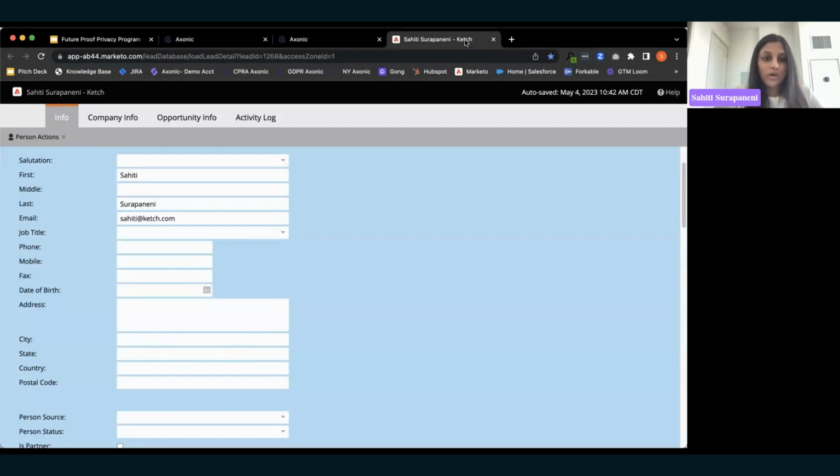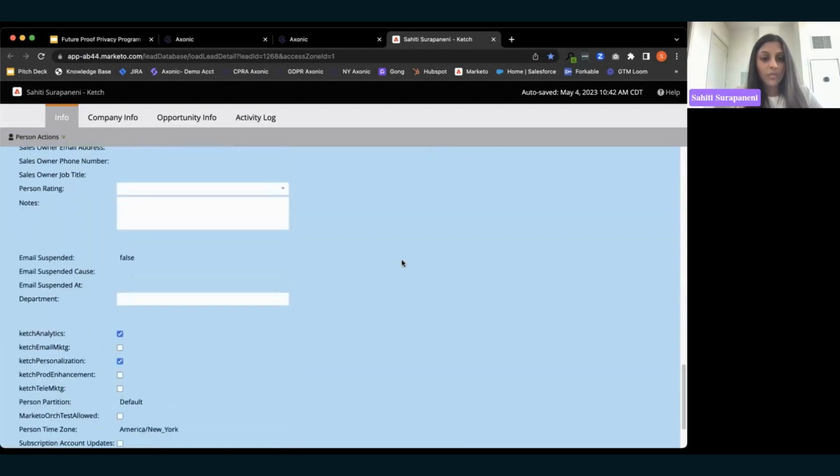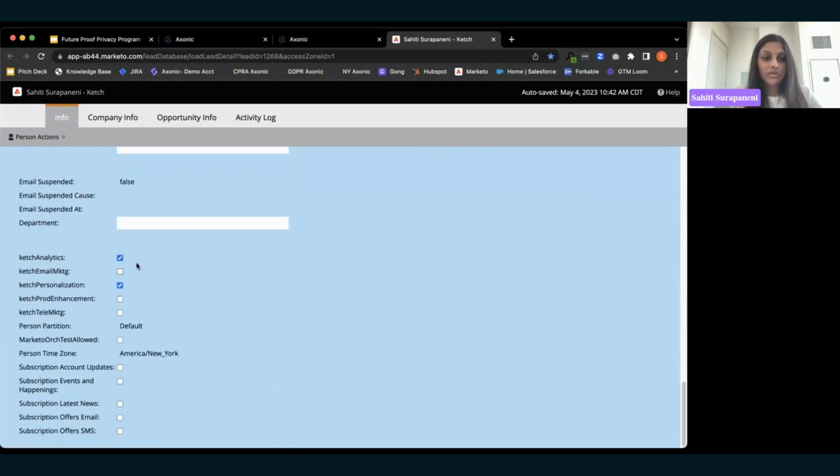And through the power of Ketch's pre-built APIs, if I scroll to the bottom, based off of what I've opted into, those specific purposes have automatically been flagged within the Marketo instance, such as analytics and site personalization.